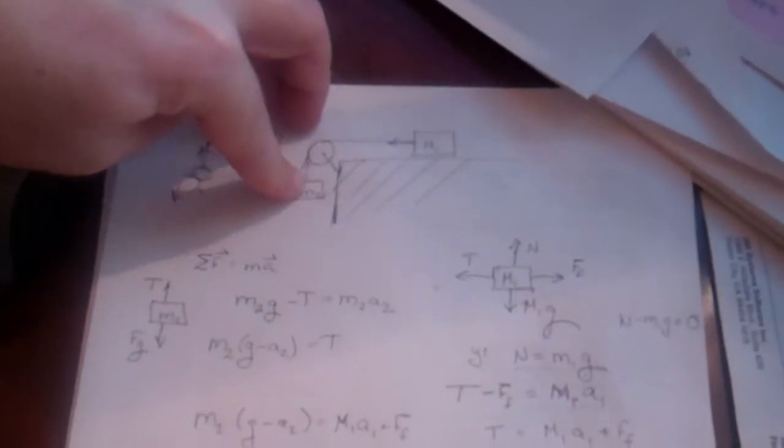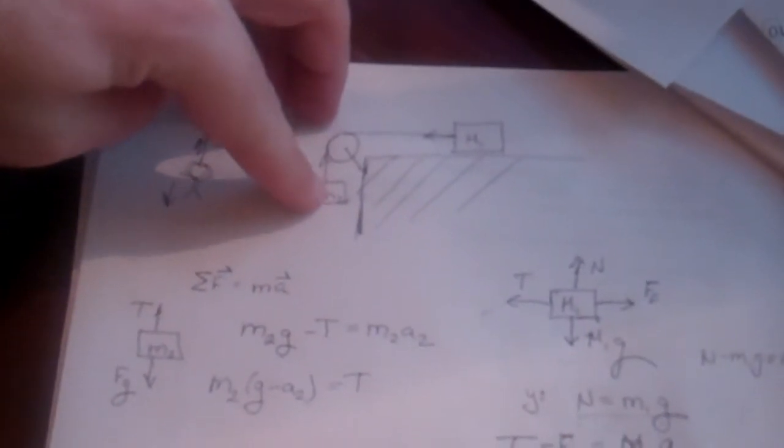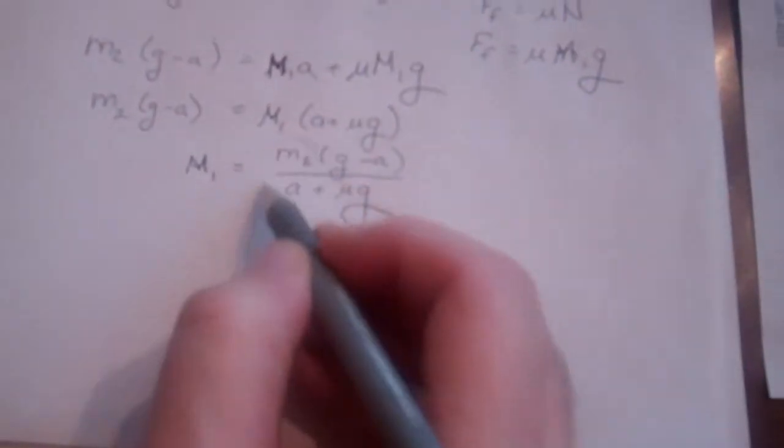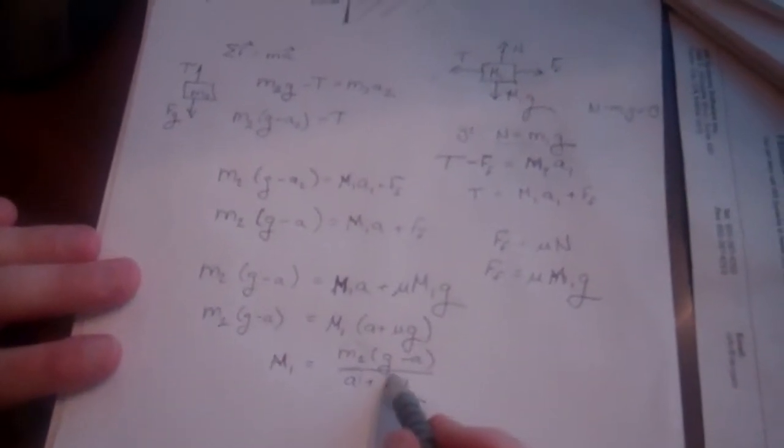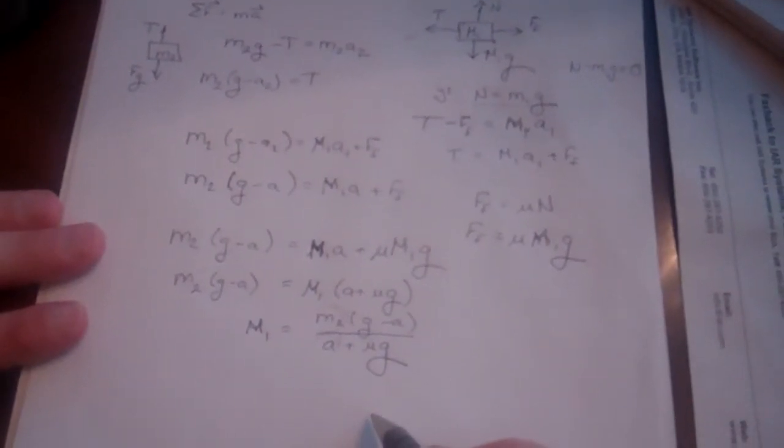All right, so let's just assume for a minute that we increase mass 2. We can make it bigger and bigger and bigger. Well, then this is going to increase. And in fact, the acceleration is going to increase too because it's going to pull it down faster. So this term right here, the frictional term, is going to become less and less significant.